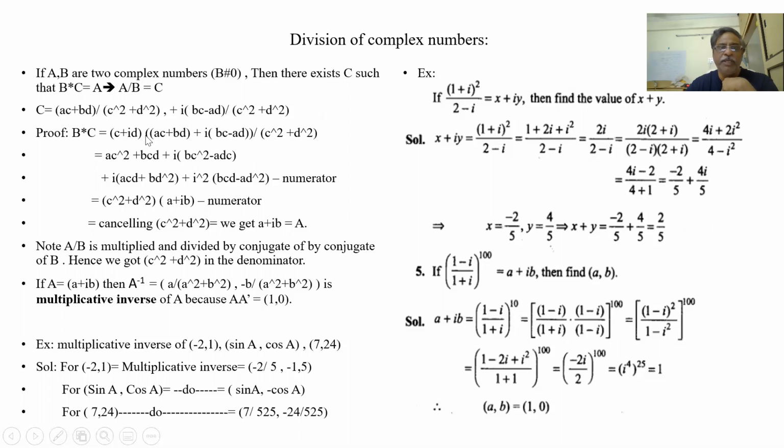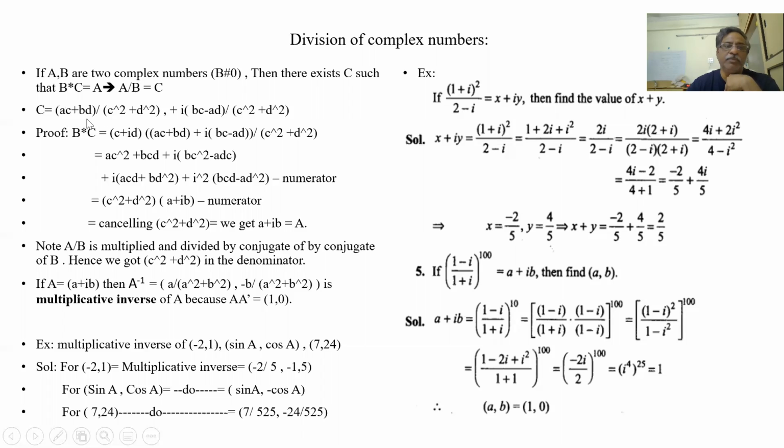So when I am multiplying these two, I am getting A plus iB into C square plus D square as the numerator. So the denominator gets cancelled, C square plus D square is the denominator. These two get cancelled, this becomes A plus iB. Basically what we have done here, we have assumed a c which is equal to AC plus BD by C square plus D square. A is A plus BI, B is C plus DI.